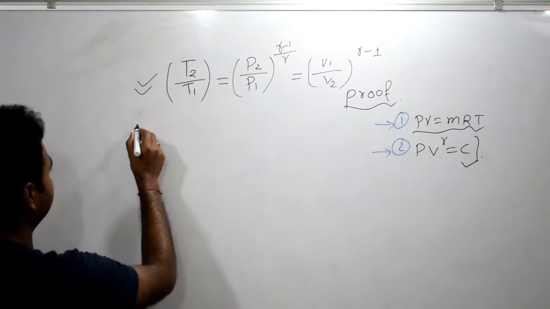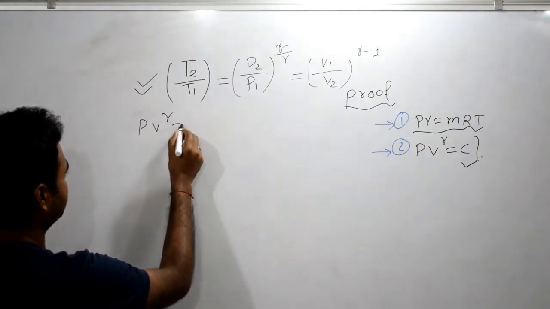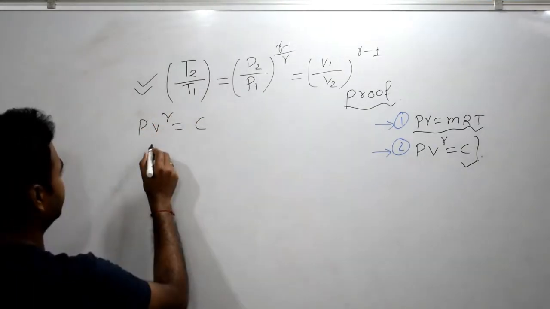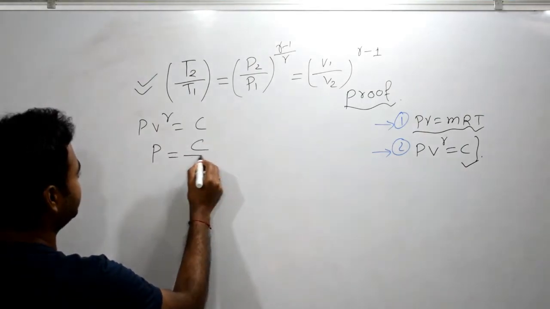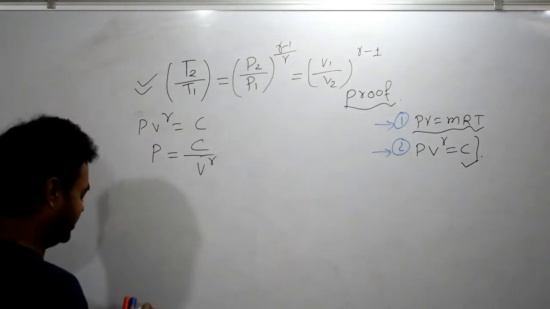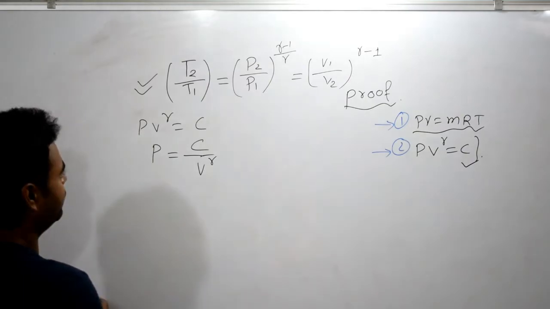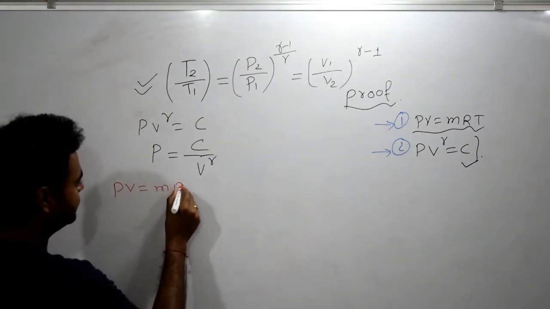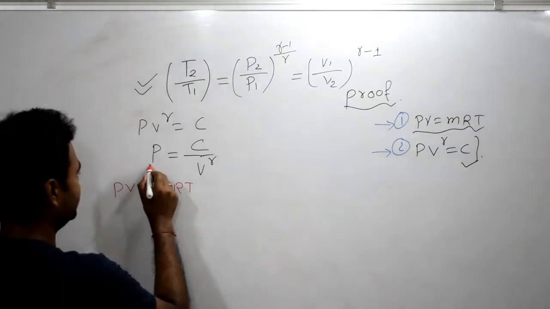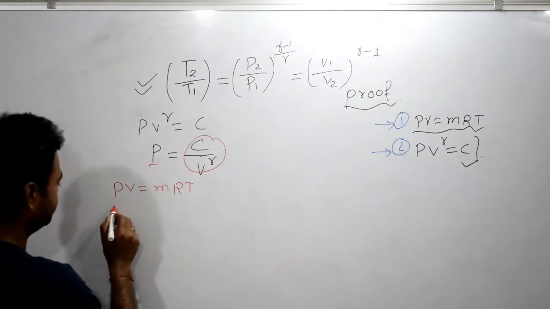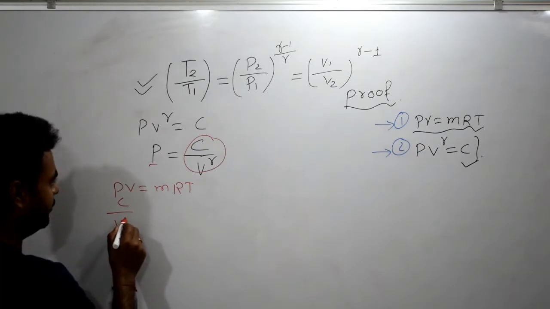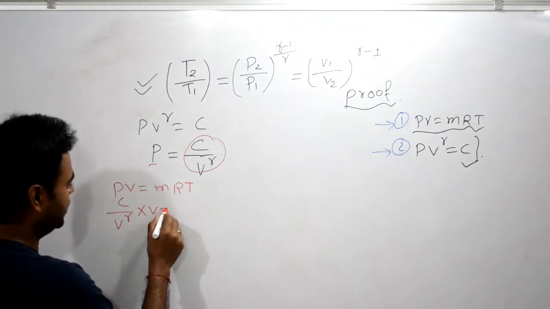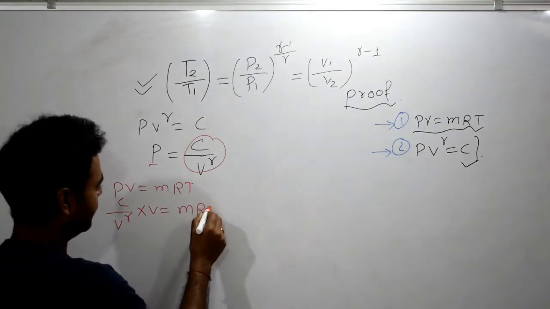We know PV^gamma = constant, so we can write P = C / V^gamma. Again, we know PV = mRT. So in place of P we can write C / V^gamma, so C / V^gamma multiplied by V is equal to mRT.